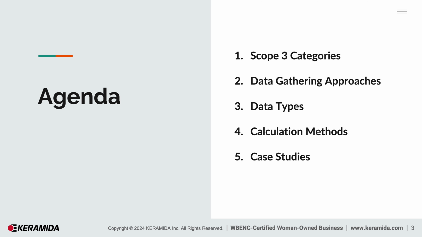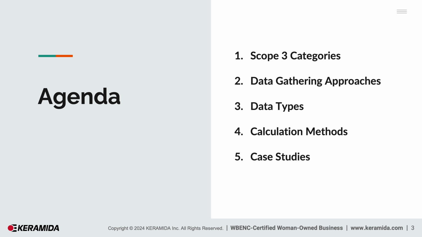So the agenda, I'll go over the Scope 3 categories a little bit in depth, so thinking the framework of the Greenhouse Gas Protocol standard. If you all have heard of that before, that's the gold standard right now for greenhouse gas accounting in the corporate world.